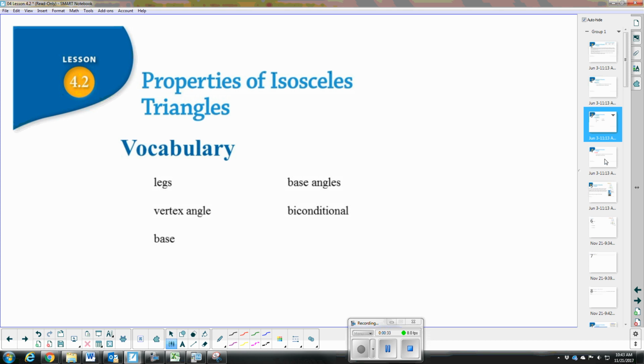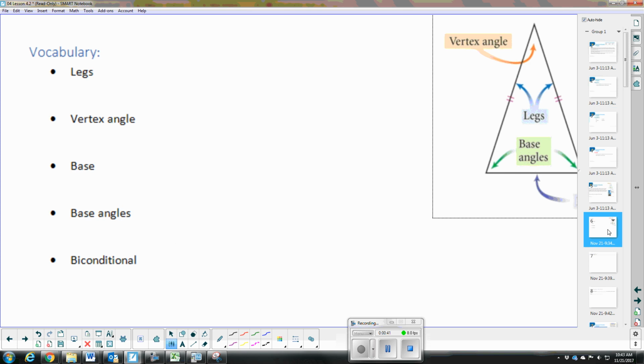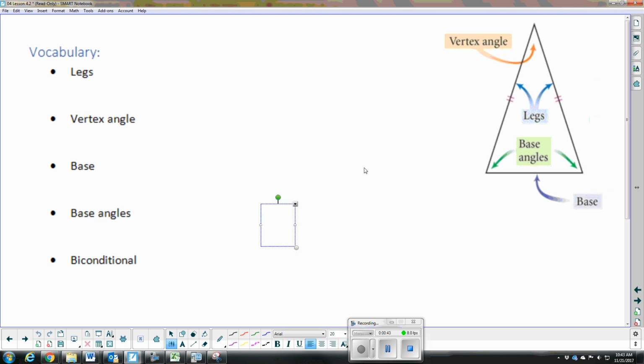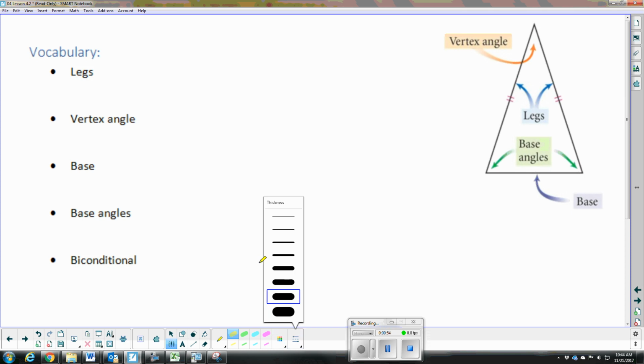On your note sheet, it will help to look at the diagram of the triangle in order to define these definitions. So here's what your note sheet should look like. It says the legs, and you should have this diagram here. So I'm going to use a highlighter to kind of identify some of these.